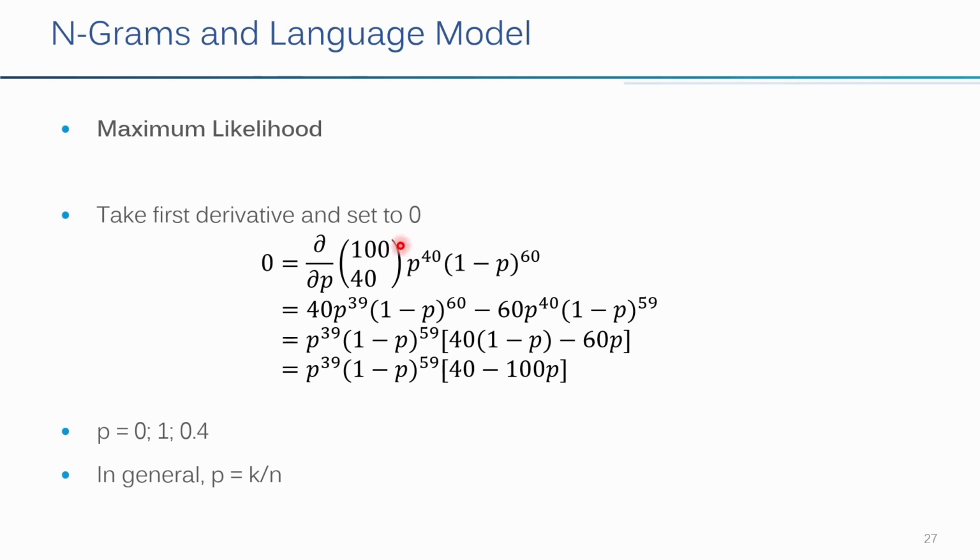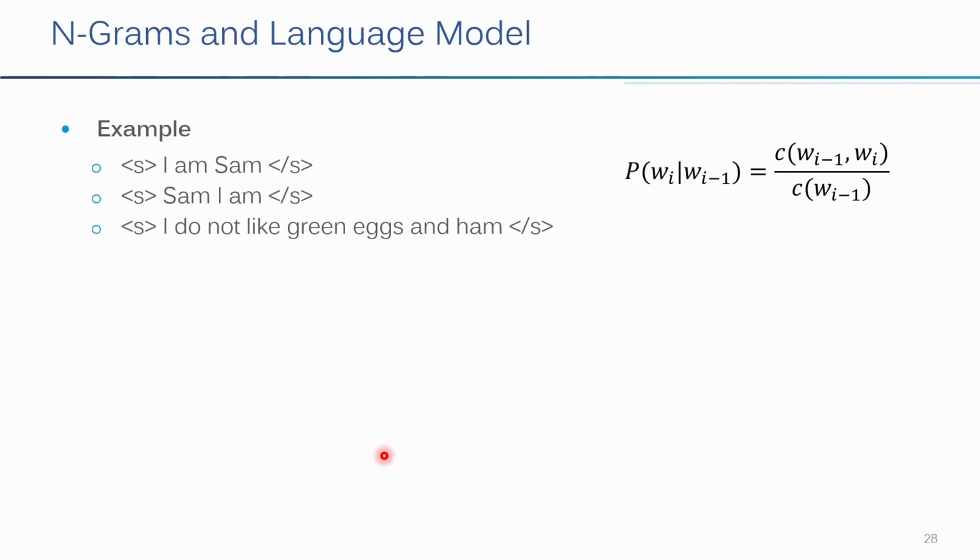We simply take the first derivative and set it to 0. If we do the first derivative right here, 40 drops, minus 1 times everything there. I won't go into the detail of this because this is not calculus. In the end, we obtain which p would maximize our probability. In this case, we know it's 0.4, because if we have either 0 or 1, this will be equal to 0. Or you just take 40 divided by 100. This is just a short version of this. We don't need to waste time.